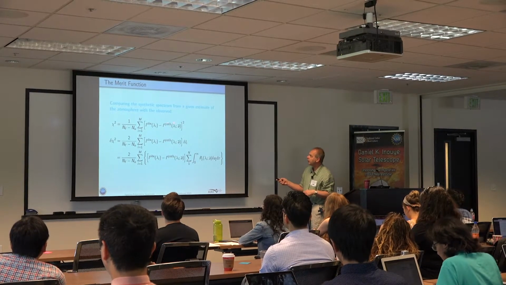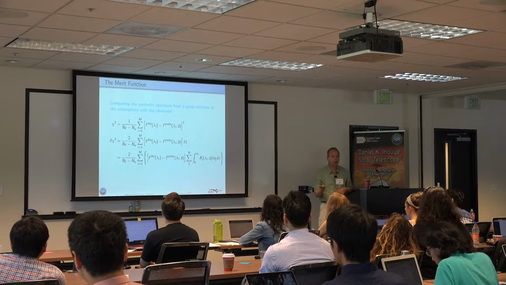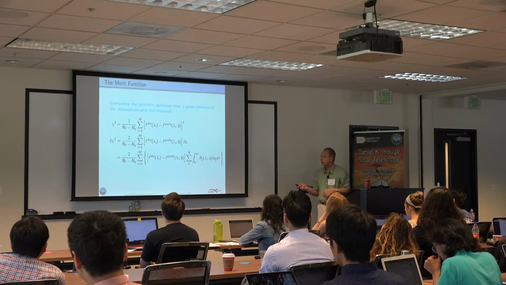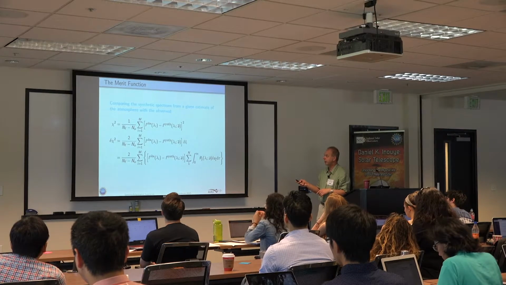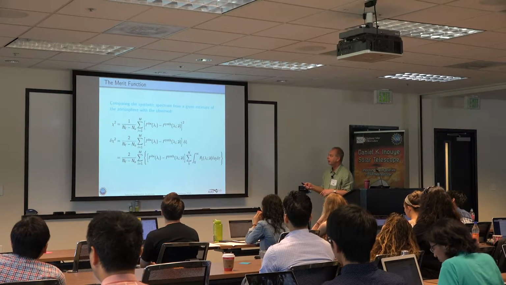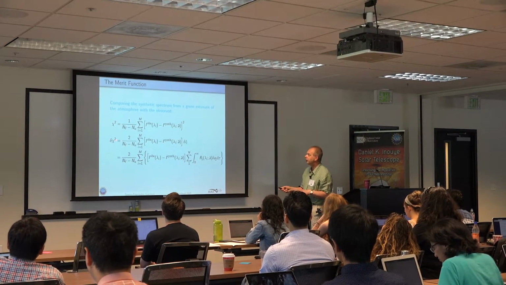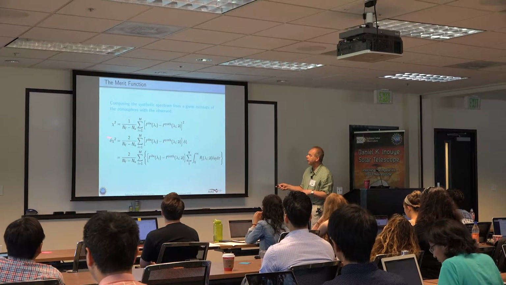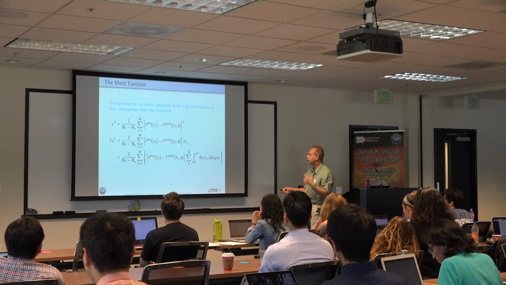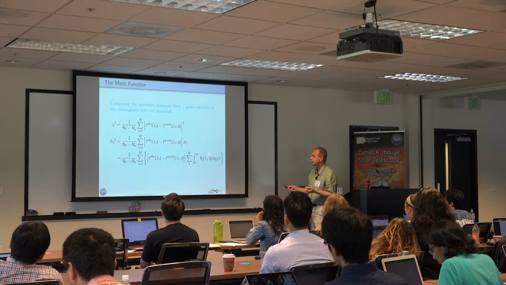Now, of course, our synthetic profile depends on the properties of the atmosphere in our model, right? That's how we calculate our synthetic spectrum. So we can take the derivative of this chi-squared, and doing some simple math, which you can go through later, you can see that this will give you a delta I, and of course we saw a few slides back that the delta I gives you the response function, right?